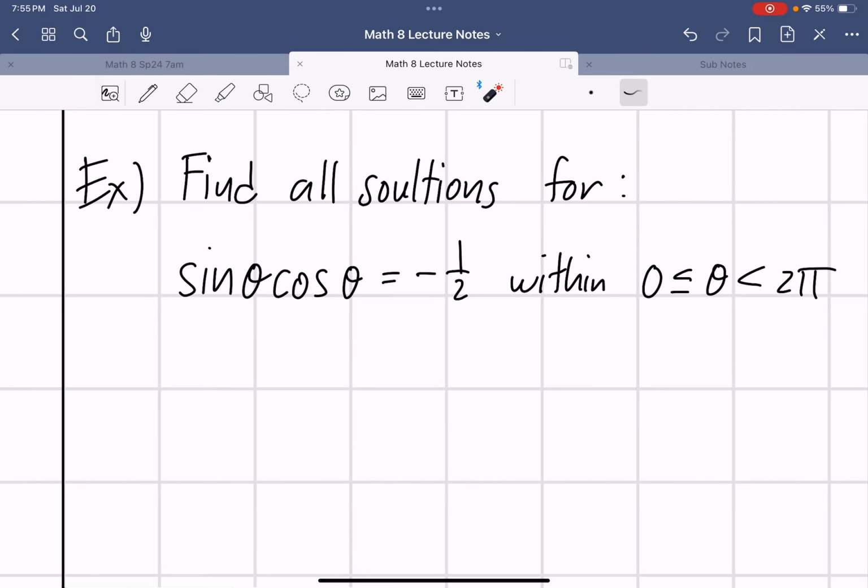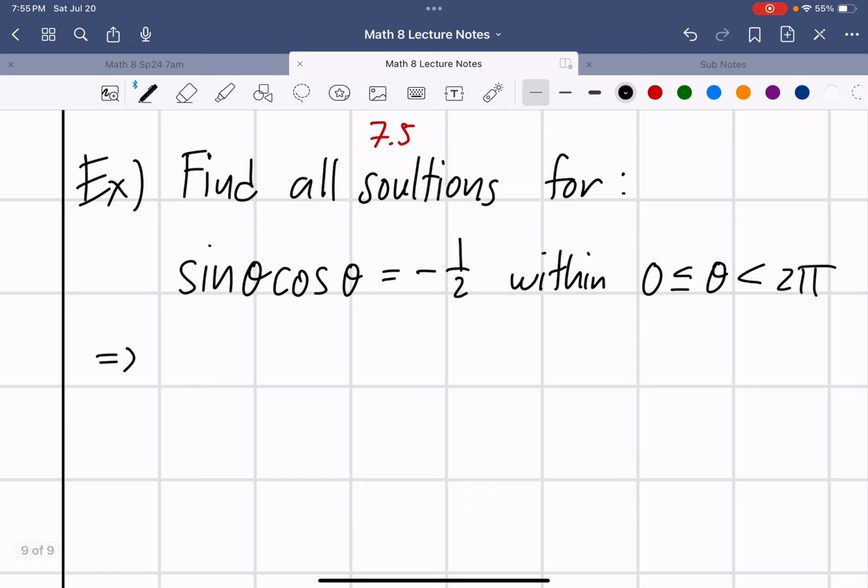Now, this actually comes more from, I would say, section 7.5, when we start dealing with more equations that involve applying these new identities. So in this example, the trick is noticing that sine theta, cosine theta is almost my double angle. Normally, if this was equal to 0, we could use our zero factor property, but being equal to negative half makes it a little trickier.